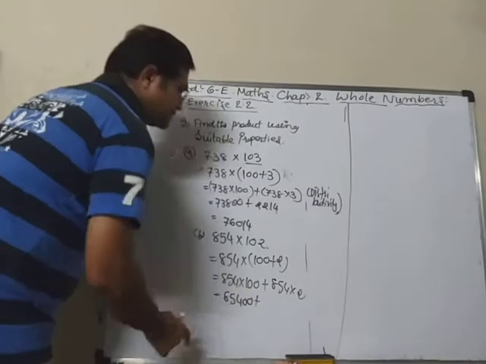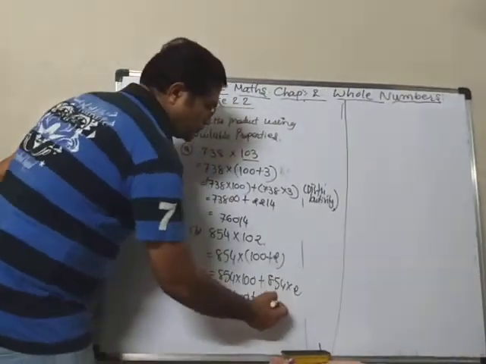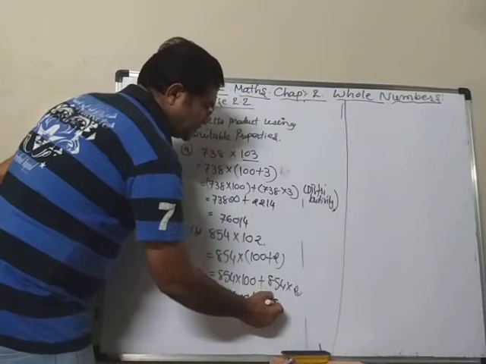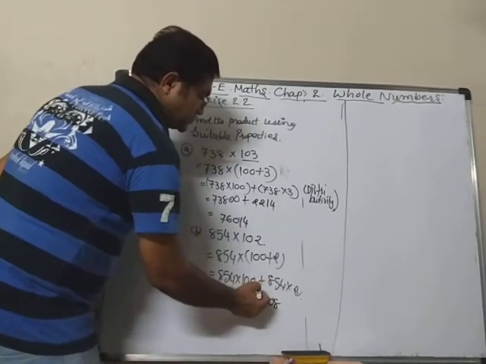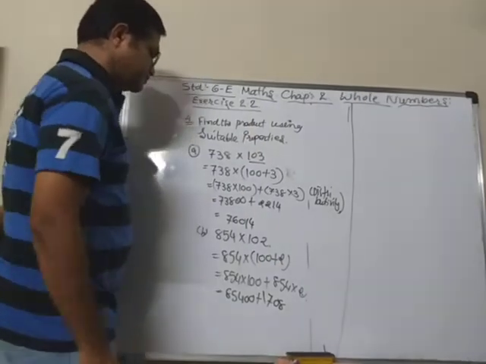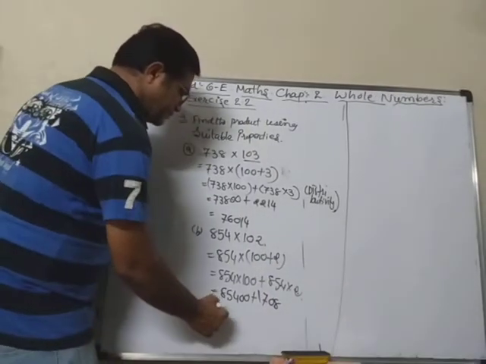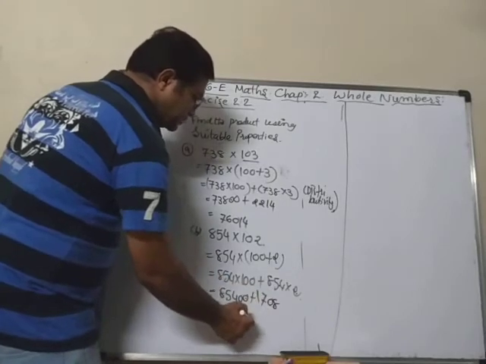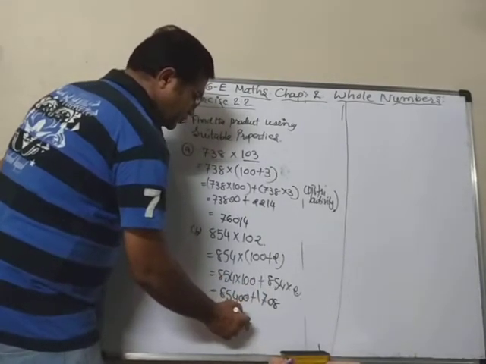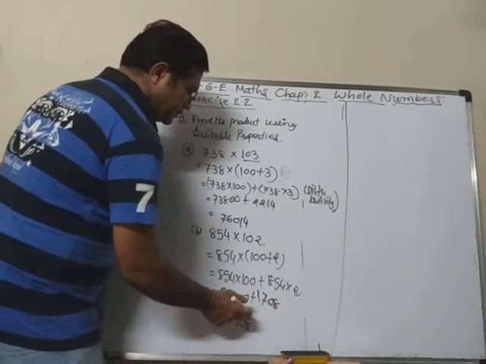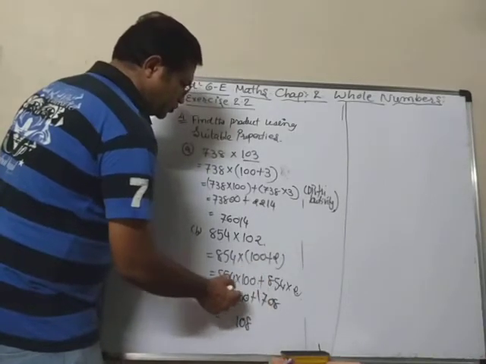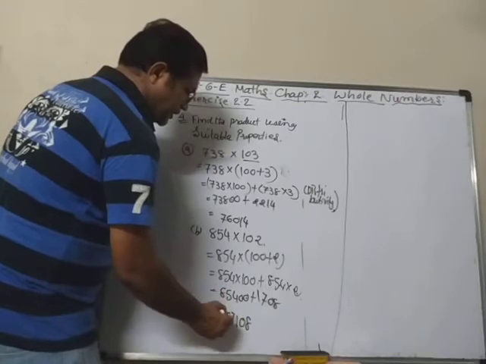So now 85,400 plus, now easy multiplication, 2 4s are 8, 2 5s are 10, carry 1, 2 8s are 16 plus 1 is 17. So now just adding them, you get 0 plus 8 is 8, 0 plus 0 is 0, 7 plus 4 is 11, carry 1, 1 plus 1, 2 plus 5 is 7 and 8.